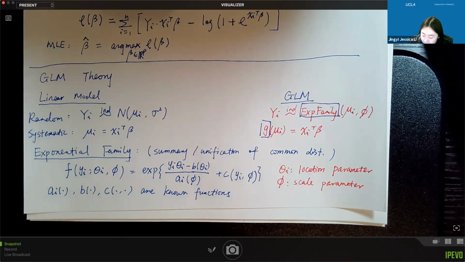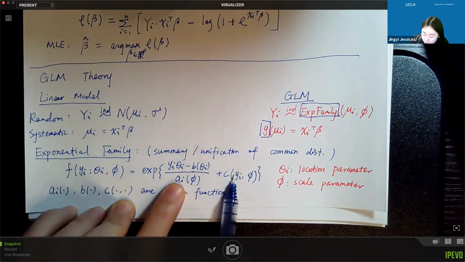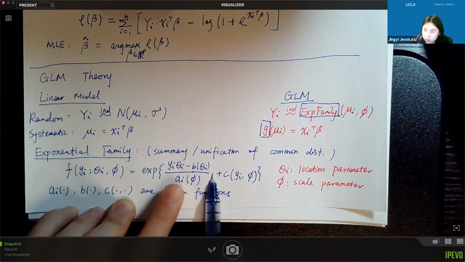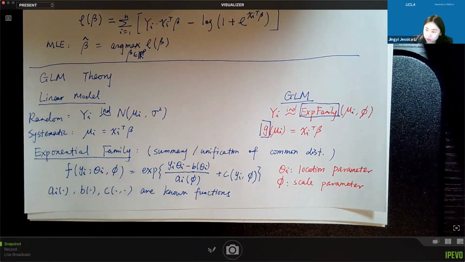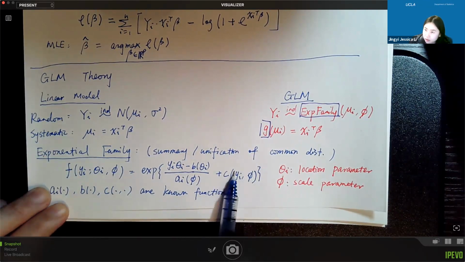So the key thing to see here is that this density can be separated into 2 terms that multiply with each other, because we know an addition in the exponent is equal to the multiplication of 2 terms, right? And the second term, the key is that it does not involve theta i. So theta i is only in the first term.